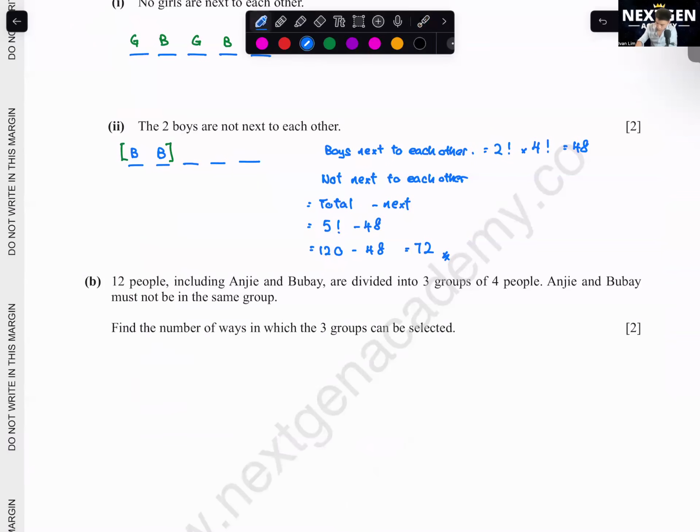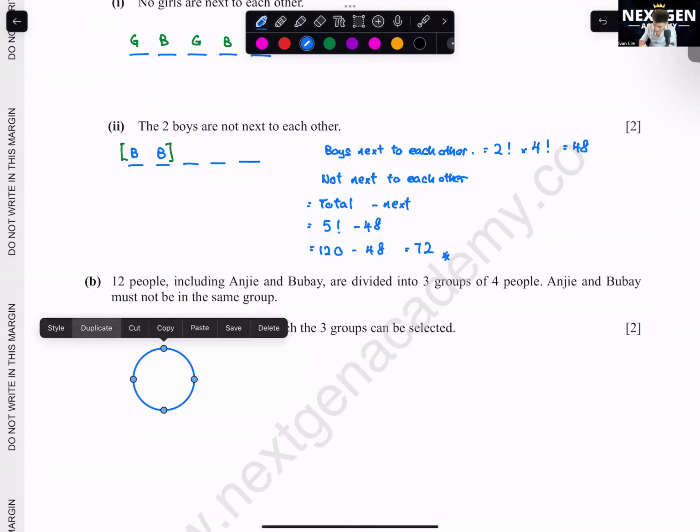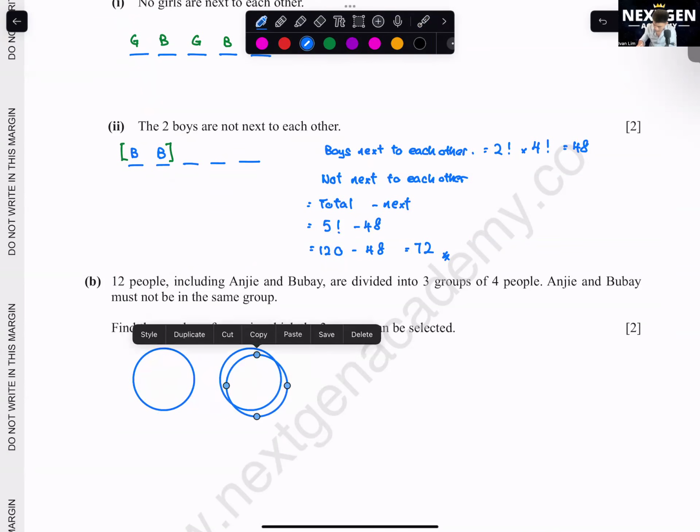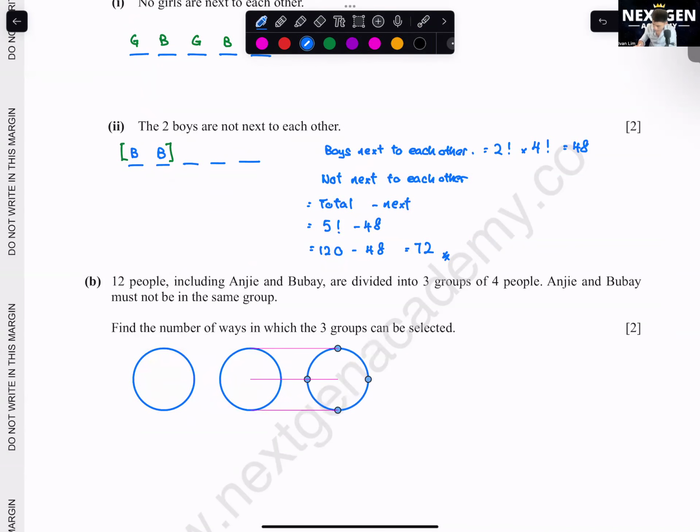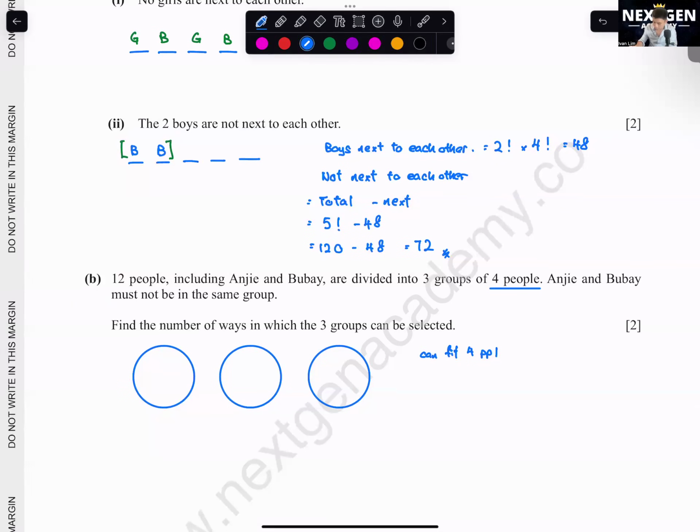Let's say you got group 1, group 2, then group 3. All of them can fit 4 people. They say A and B, Anje and Babe, cannot be in the same group. So let's assume that Anje is over here, Babe is over here.